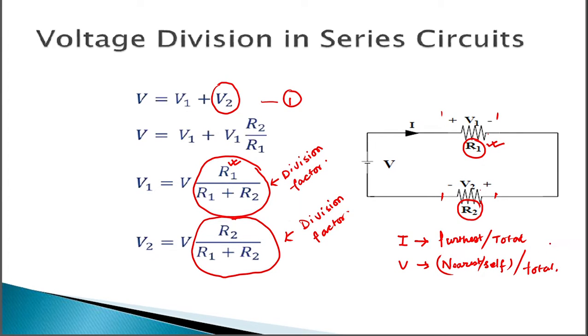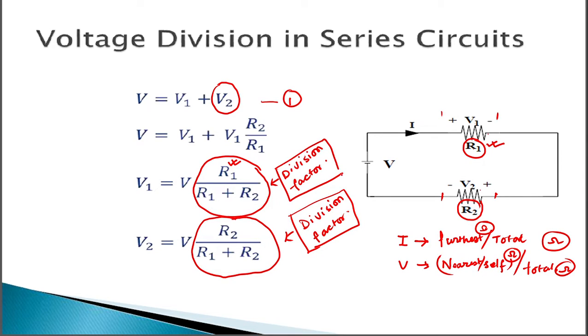These are all resistances, right? And as this is a division factor, it has no units, so ohm and ohm will cancel out, right? Let's get into the point.